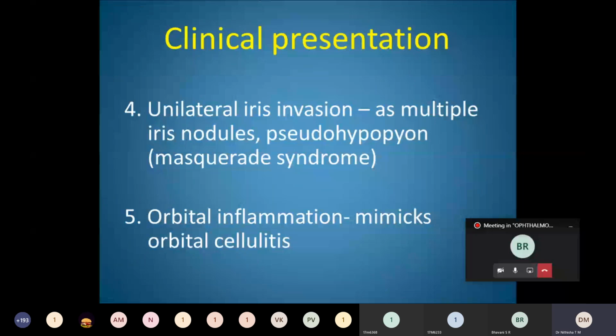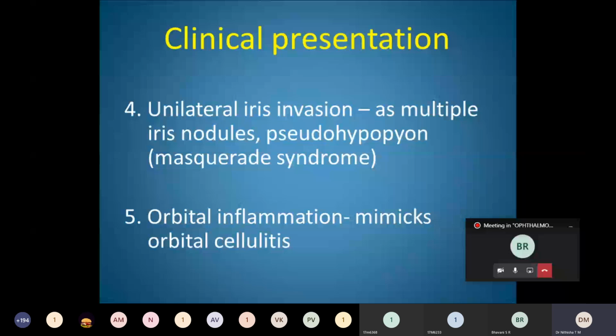I was telling you in the uveitis chapter also, there is an entity called masquerade syndrome. If there is a typical presentation of hypopyon, you should always rule out Behcet's disease. Hypopyon can be seen in Behcet's disease with uveitis and mouth ulcers. Hypopyon can also be seen in viral keratitis, or fungal corneal ulcer.